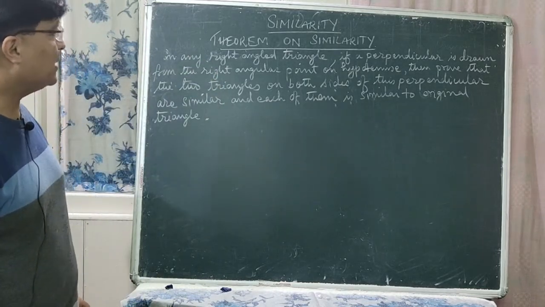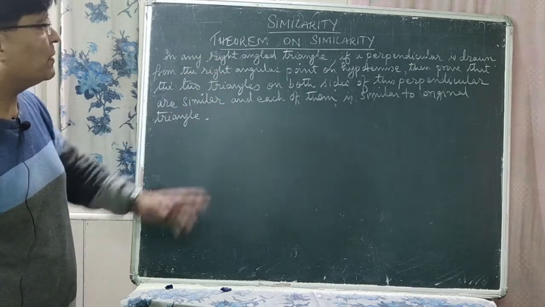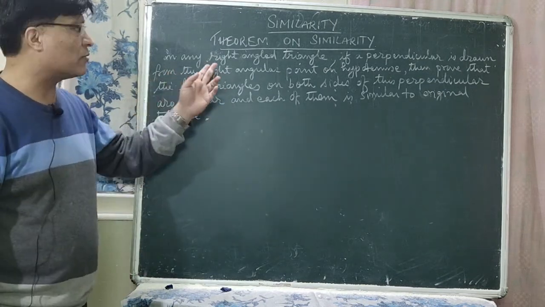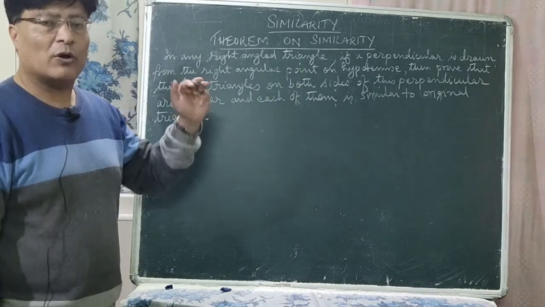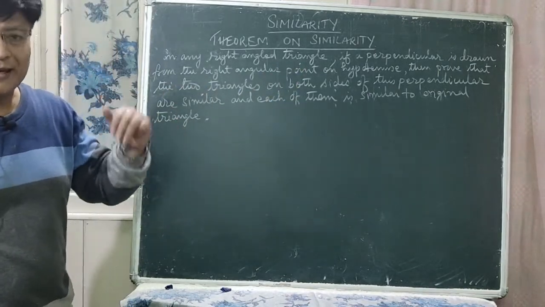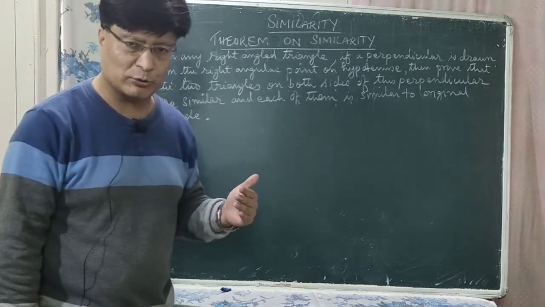So in any right angle triangle, if a perpendicular is drawn from the right angular point on the hypotenuse.